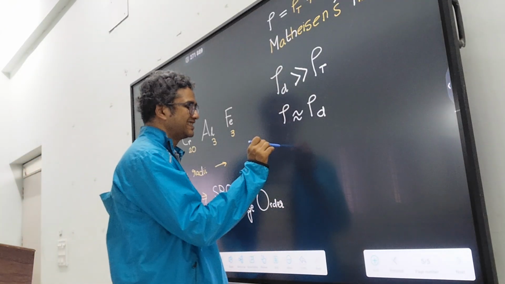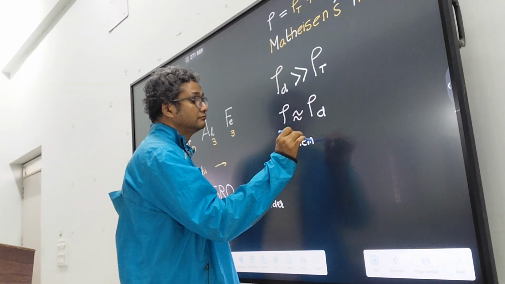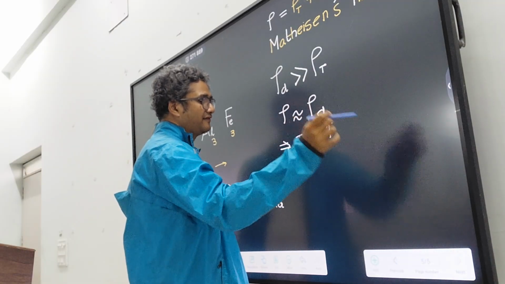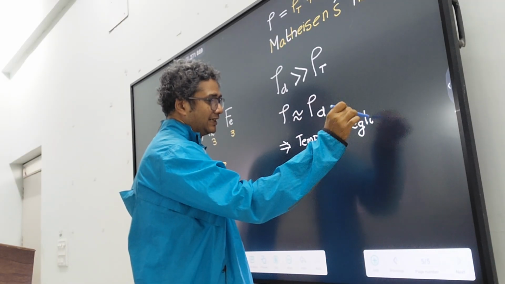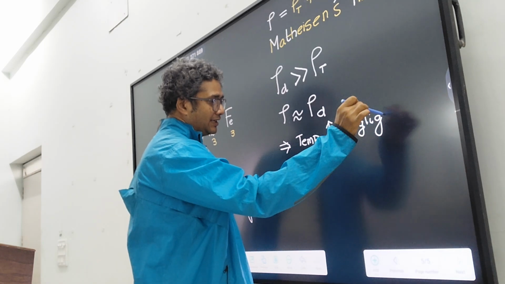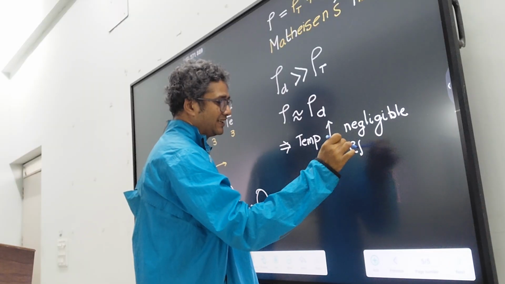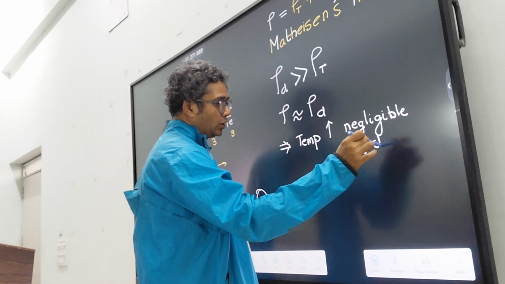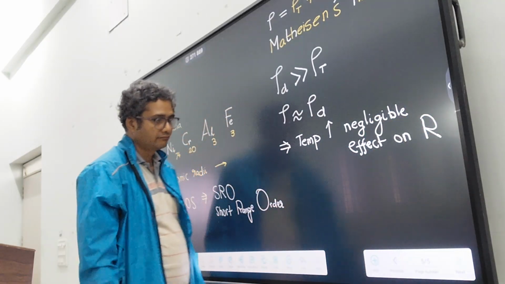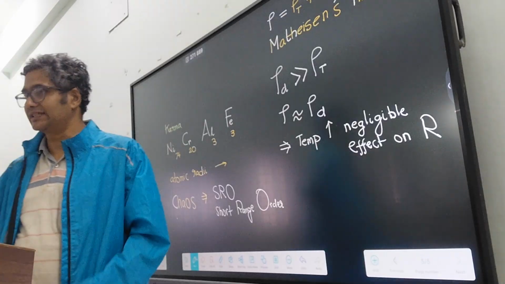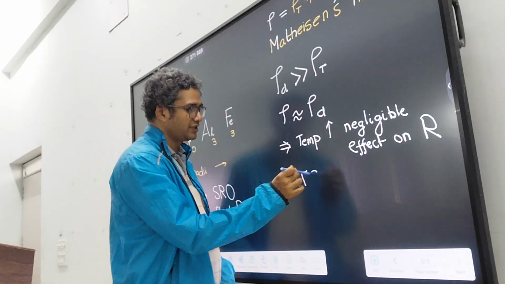It implies that temperature rise will have negligible effect on R. So having a temperature rise having negligible effect on R, इसको हम लोग शॉर्ट फॉर्म में बोलते हैं temperature coefficient of resistance.